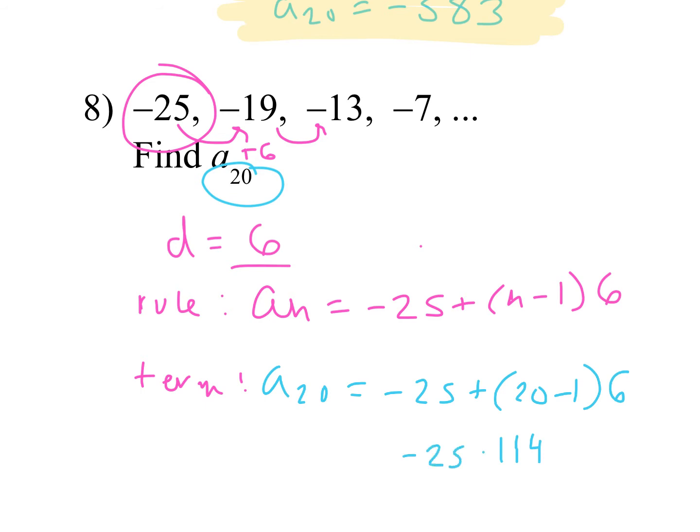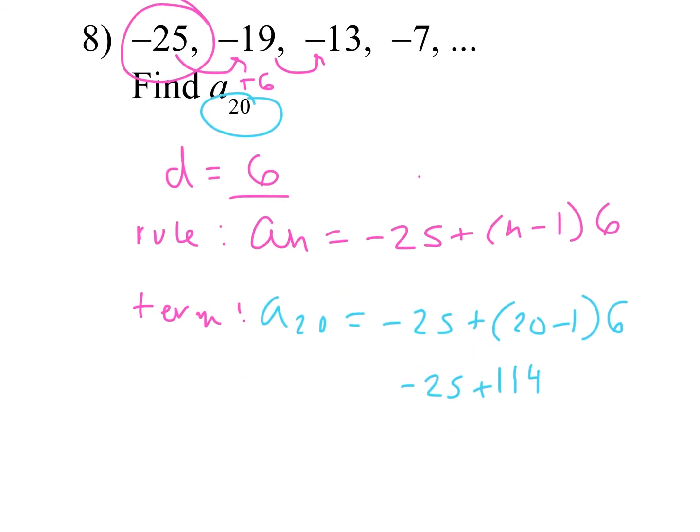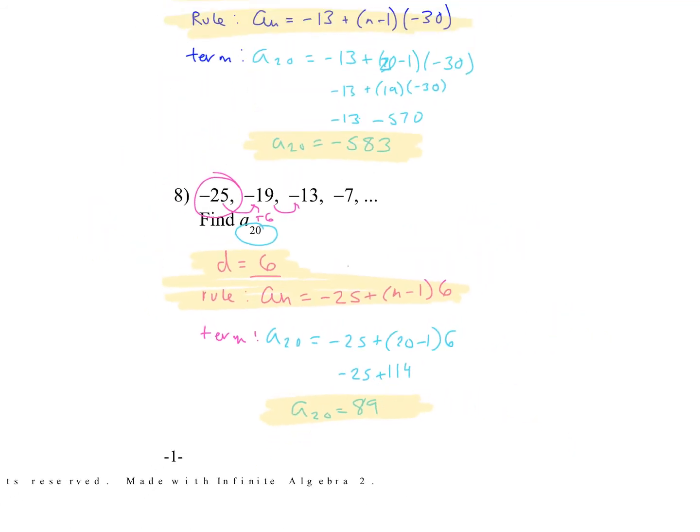So negative 25 plus 114 would be 89. So here our answers are the common difference, which is 6, our rule, which is this equation here, and our term. Any questions from this section?